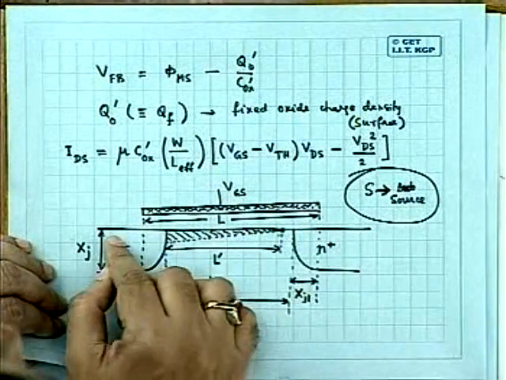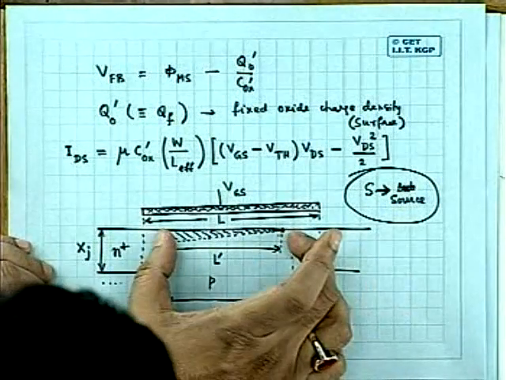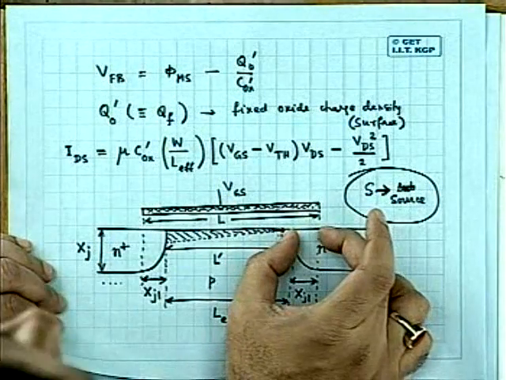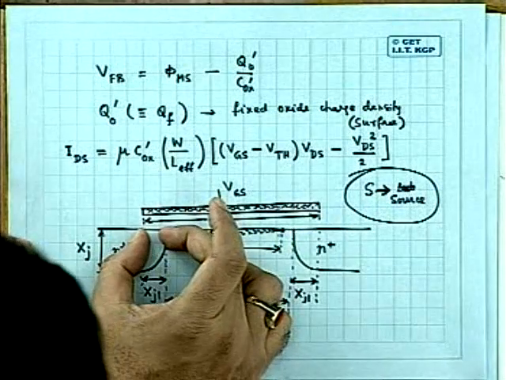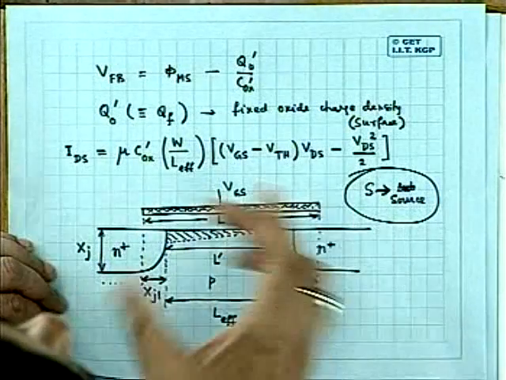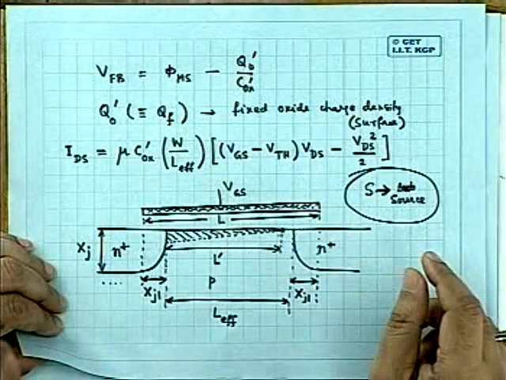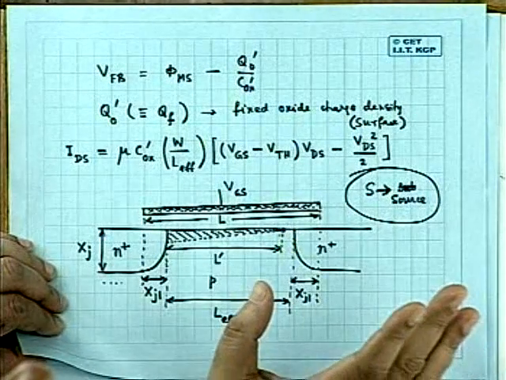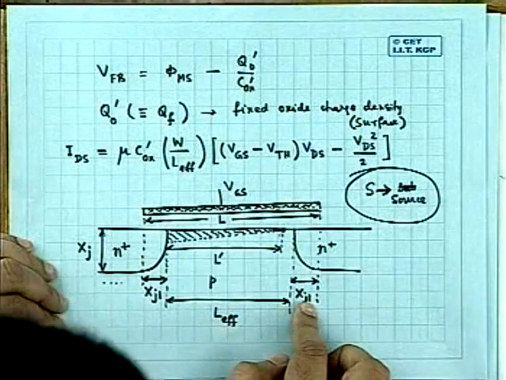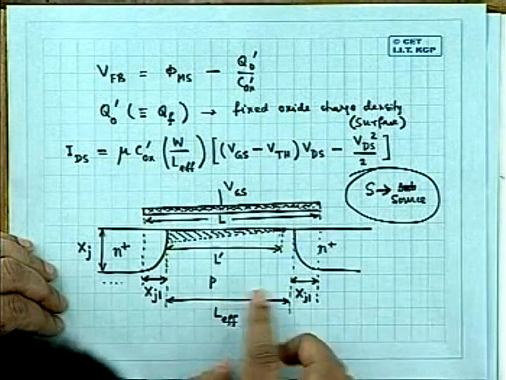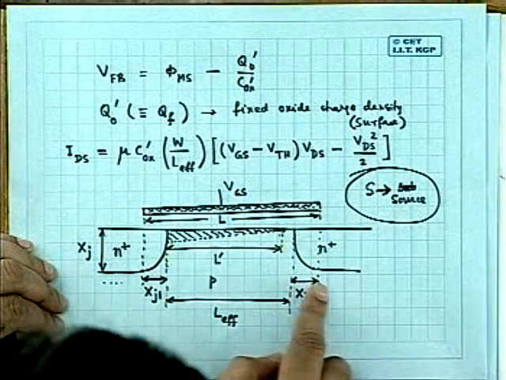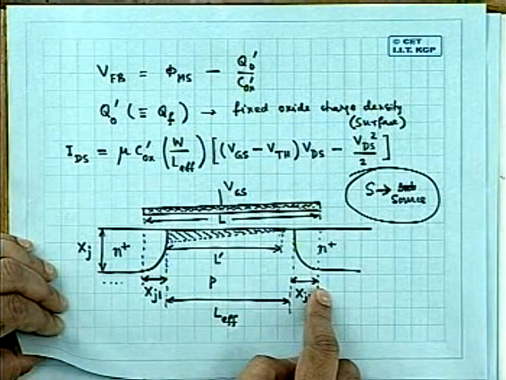It cannot be exactly the same. If it is 5 micron, we may get about 2 micron overlap here, 3 micron overlap here, or 1 micron overlap here, 1.5, depending on the accuracy of mask alignment, because we are not using any self-aligning technique in the initial days. So xj1, xj2, I could easily define. So xj1, practically speaking, is the average of the xj1s of the two sides in the early days of technology.